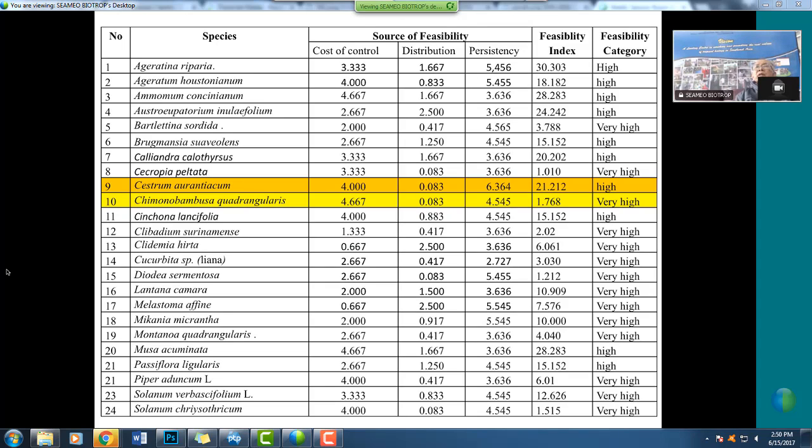Next slide. And the next one is the criteria for feasibility. Here number 9 and number 10 also obtain a very high feasibility of eradication, and Chimonobambusa quadrangularis is very high in criteria for control.